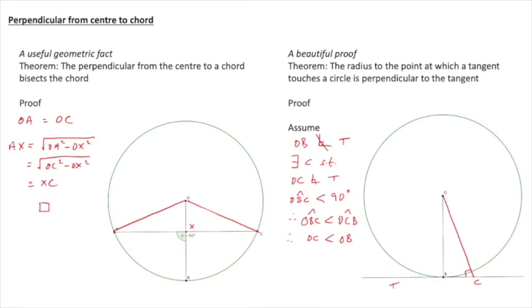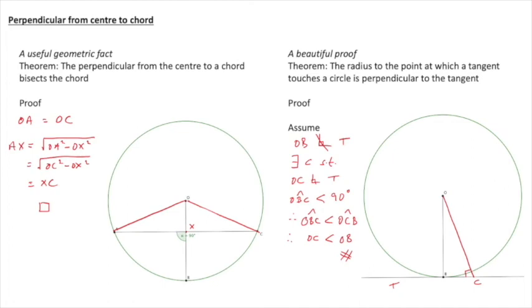And that doesn't make any sense, because we know that OC is bigger than OB because it's bigger, or longer rather, than a radius. And that means we have what's called a contradiction.